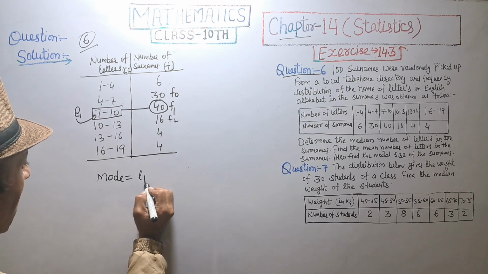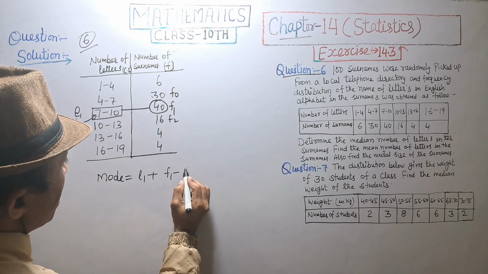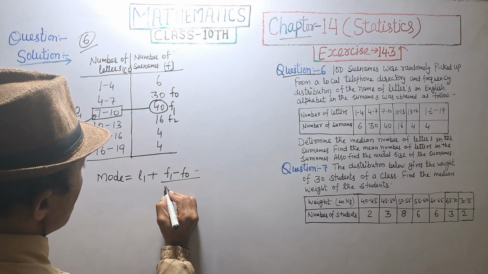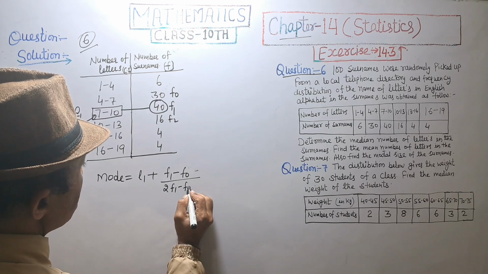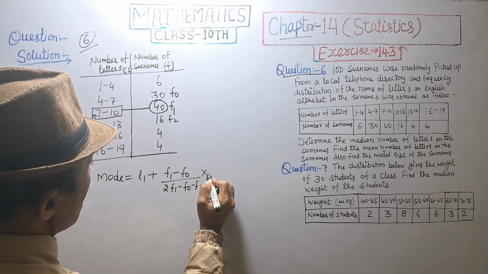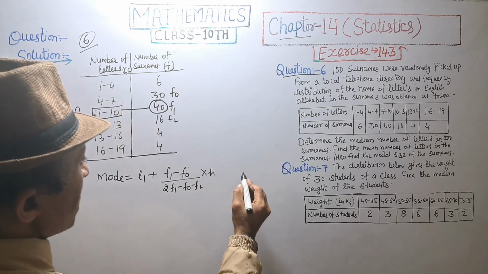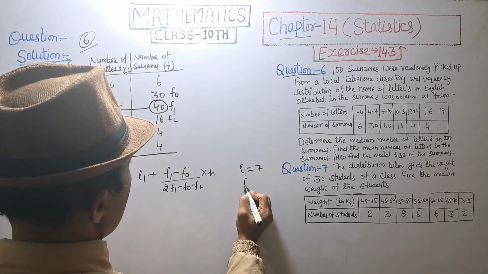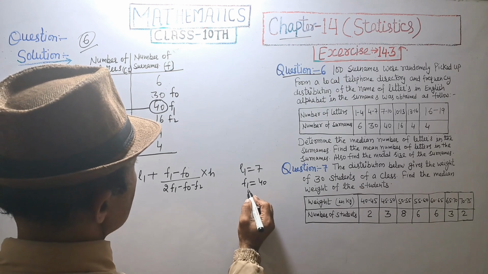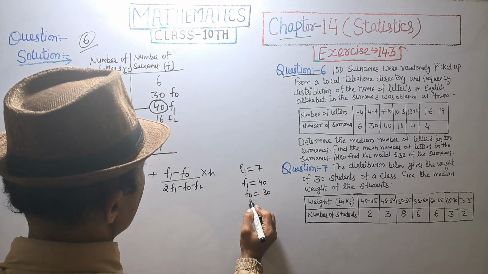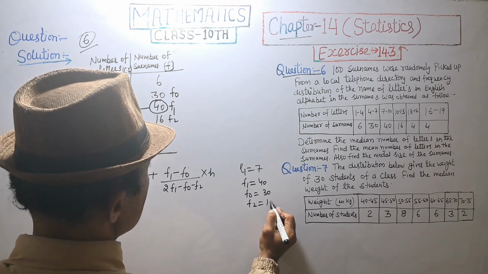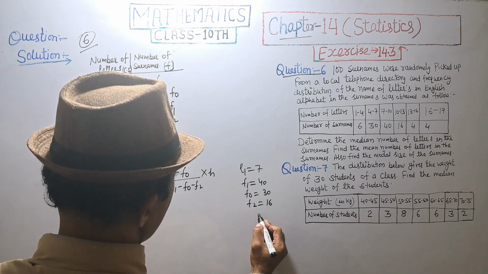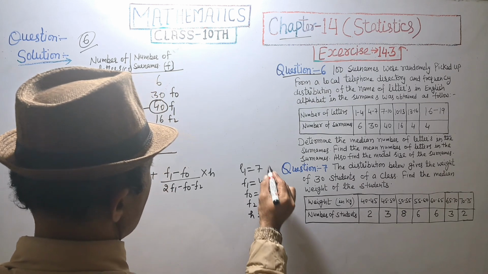Mode is equal to L1 plus f1 minus f0 upon 2f1 minus f0 minus f2 into h. L1 is 7 and f1 is equal to 40, f0 is equal to 30, f2 is equal to 16, and the common difference between class intervals is h, that is equal to 3.